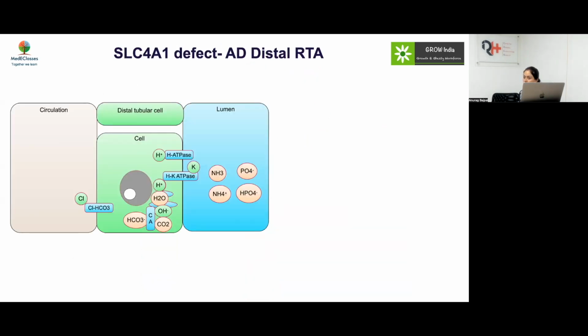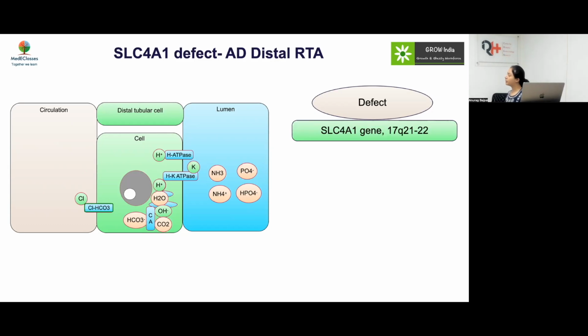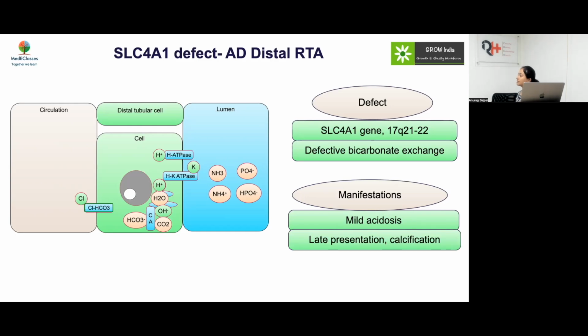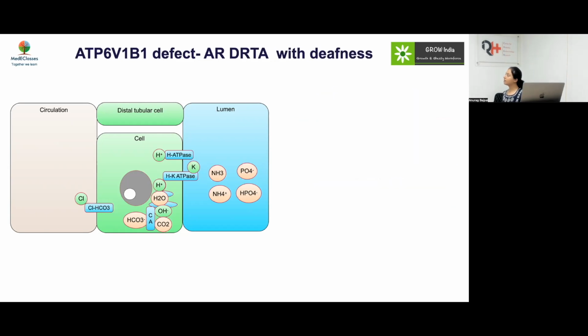SLC4A1 defect is an autosomal dominant form of distal RTA, which is due to a defect in the anion exchanger, that is the chloride bicarbonate exchanger channel. It results in mild acidosis, has a later presentation, and is associated with nephrocalcinosis. And since this channel is also present in the RBCs, a defect in SLC4A1 results in spherocytosis.